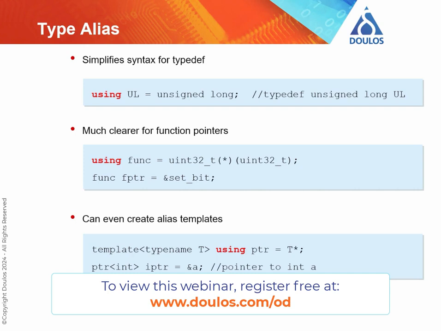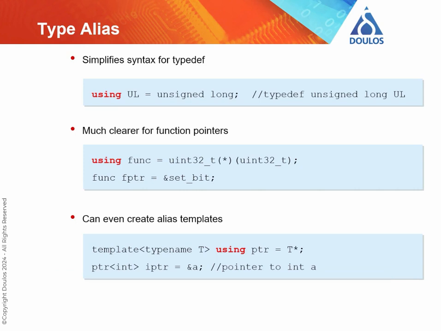And in particular, things like pointers to functions are notoriously difficult to get right when we're writing the code. So with our type alias, if we want to declare a pointer to a function, func is going to be a pointer to a function, and we can see that because we've got a star inside the parentheses. So that represents our pointer to a function.